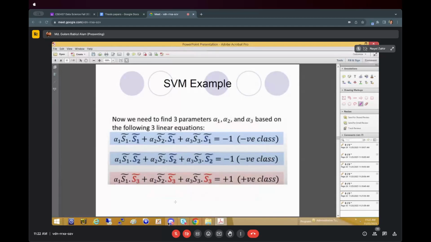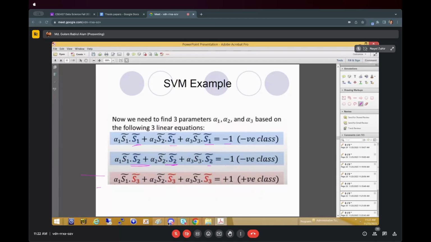In the first equation you can see that S1 is fixed, and support vector 1 is from our negative class. In the second equation we fix support vector 2, and support vector 2 is also from the negative class.